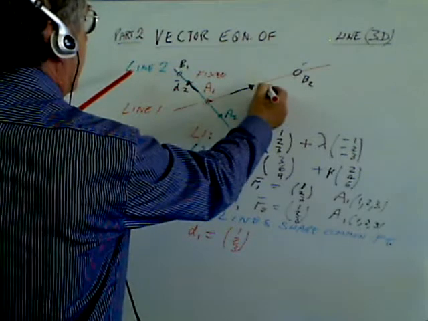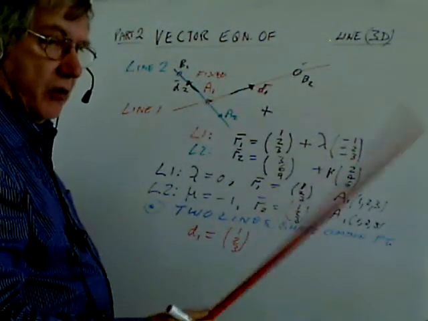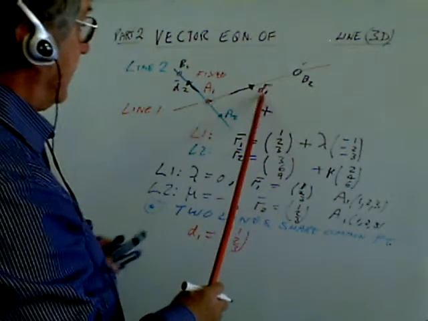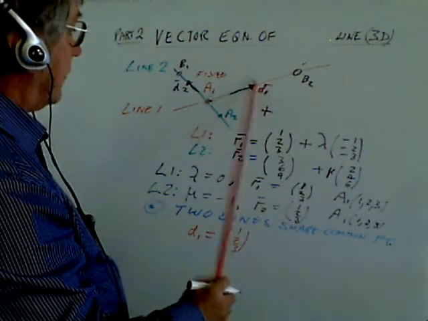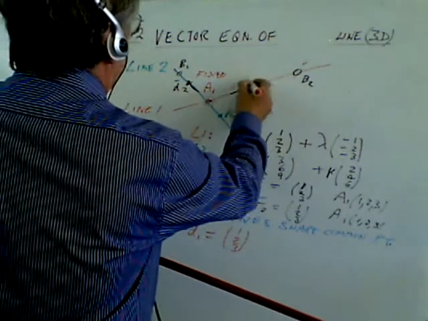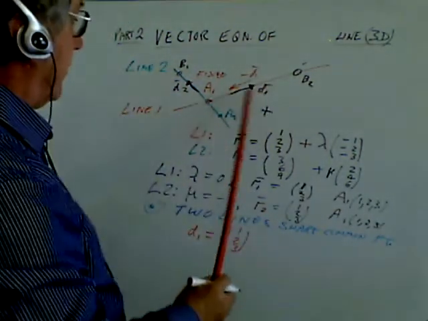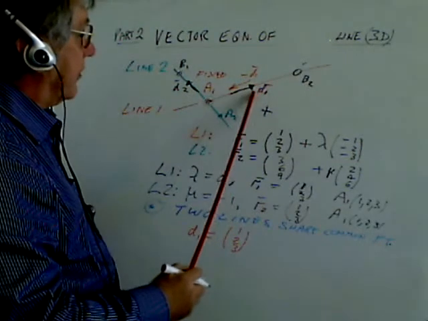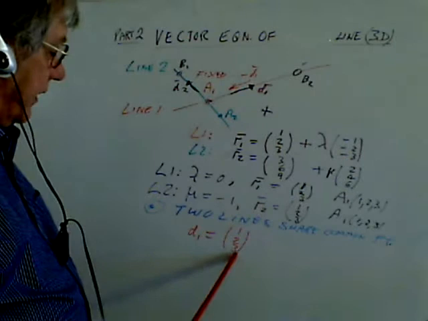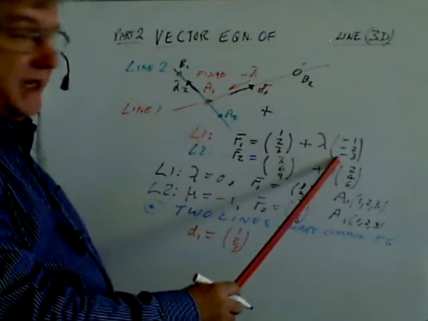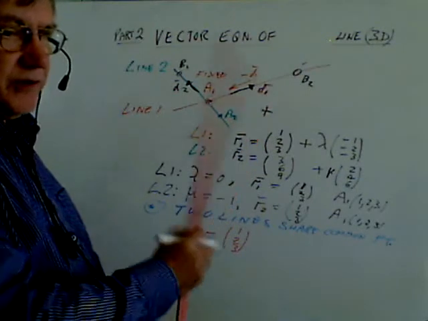Now, I know what you're saying, that's (-1, -2, -3), but all that is just minus D1, the same vector as D1 but in the opposite direction. So it doesn't matter which direction it is, it's just a scalar multiple of D1.